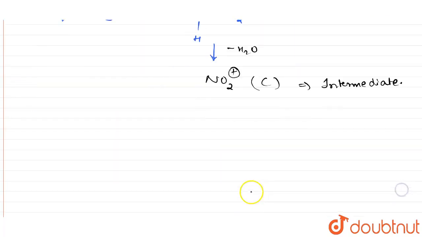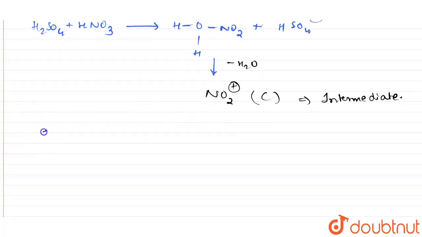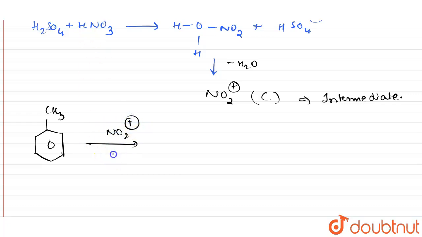Once you get your intermediate, this intermediate is treated with toluene molecule in the presence of heat, right? It is given CH3, NO2 plus in the presence of heat. What will happen? This is ortho and para directing, so it will attack on the ortho or para position. But the ortho attack will not be possible because there will be steric hindrance taking place due to CH3 and NO2.